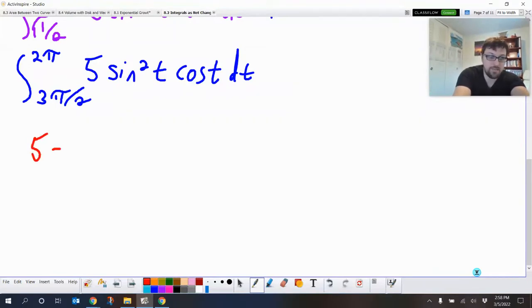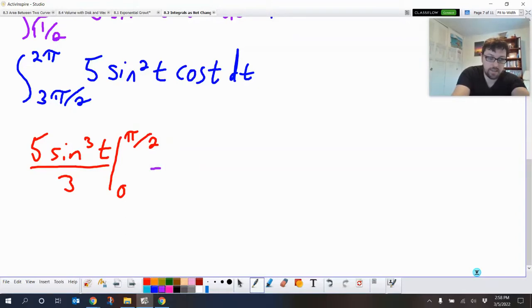So it'll be 5 sine cubed of t over 3. Our first one is going from 0 to pi over 2. Then we'll have a purple one in the middle.